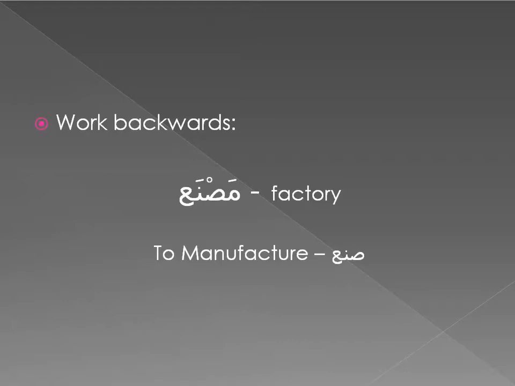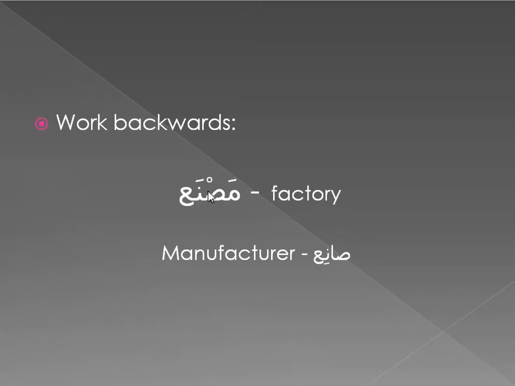Well, that's great, but we can go even further. So, what about the person or thing or organization that manufactures? Manufacturer, artisan, producer, whatever. The same idea. Well, if mesna is factory, manufacturer will be sane.